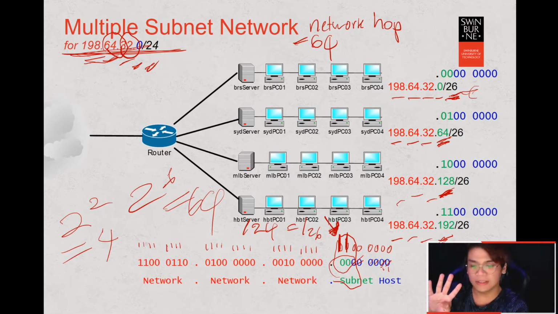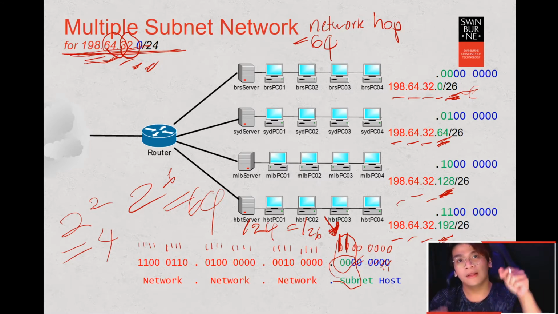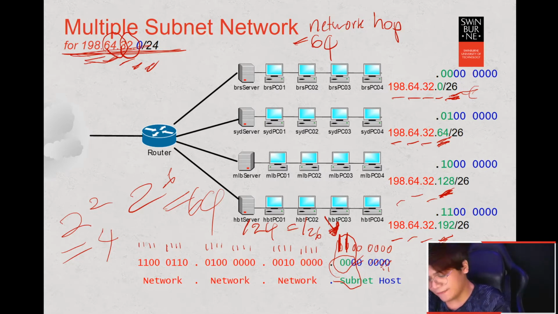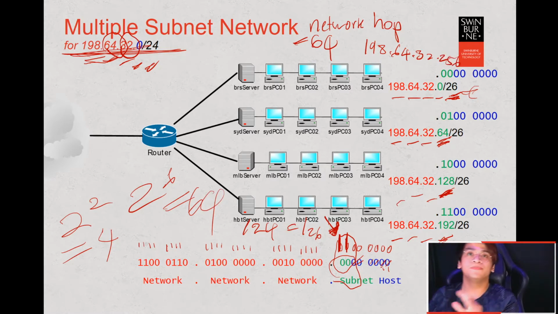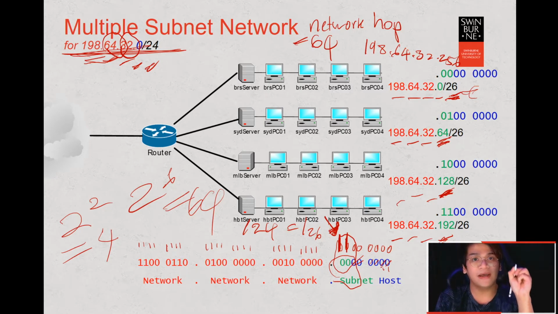And then you ask, what if we add another 64? If you add another 64, the address will become 198.64.32.256, which does not exist. You need to remember it maximizes at 255 and not 256.